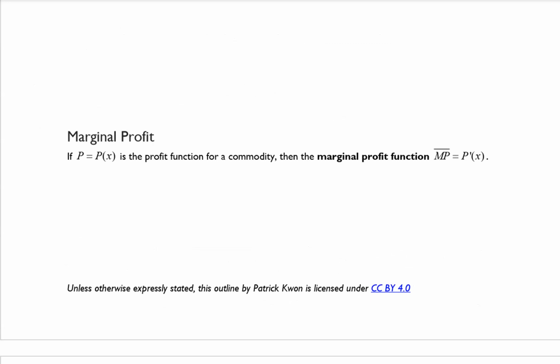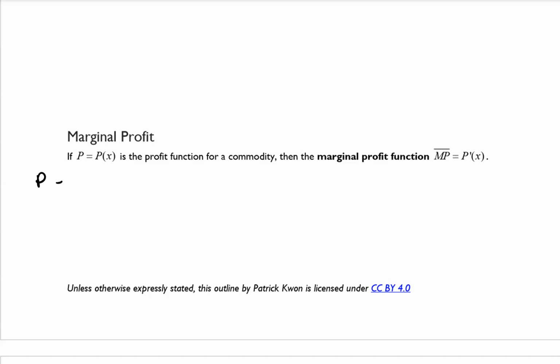If P equals P of x is the profit function for a commodity, then the marginal profit function, MP bar, is equal to the derivative of the profit function. Now, this is some review from a previous class like Math 111, but students will sometimes get confused about the relationships between the three types of functions.